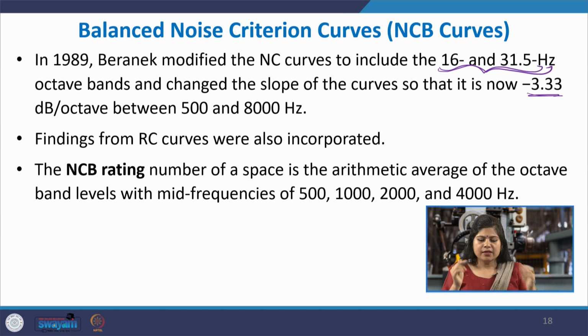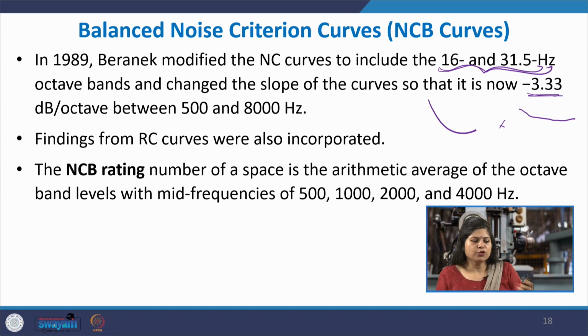So, instead of having a curve like this, they had a more flatter curve compared to that. So, some kind of balancing was done to get the new balanced noise criterion curves.